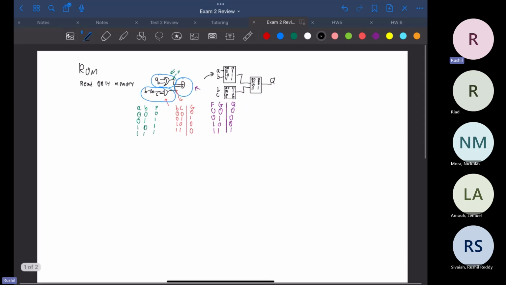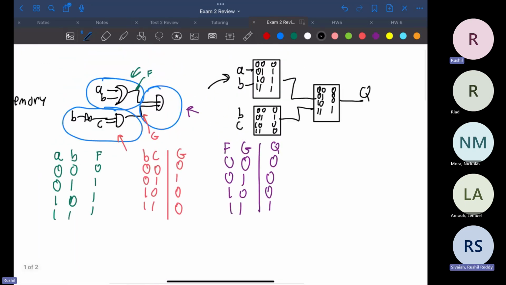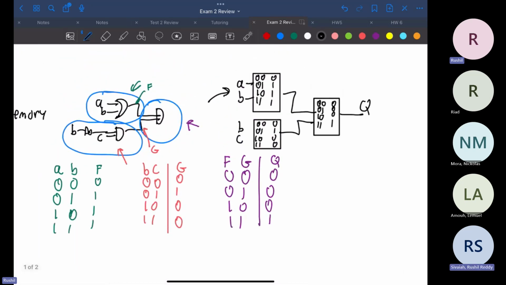I'll zoom in. For different numbers of ROMs, you can obviously just use one ROM. If you choose to use one ROM, you can do all of this in a single ROM.